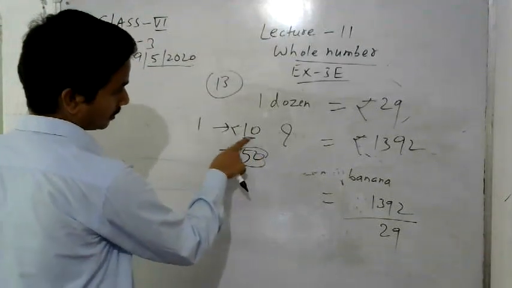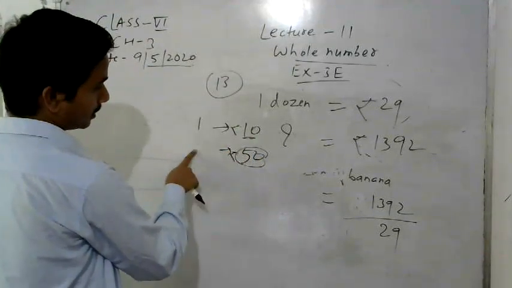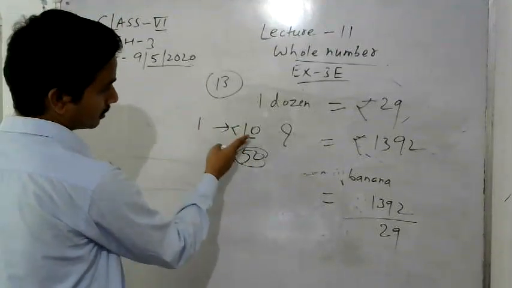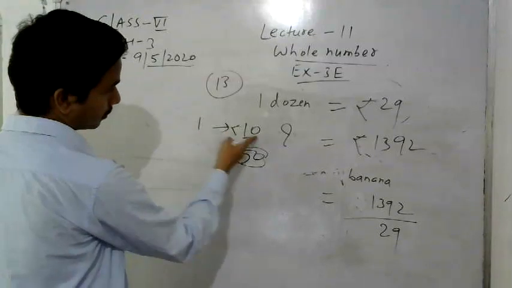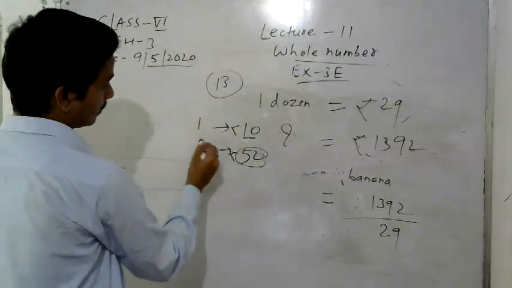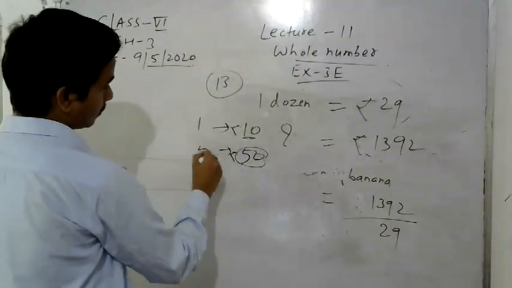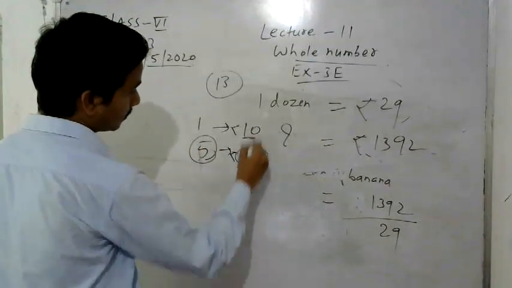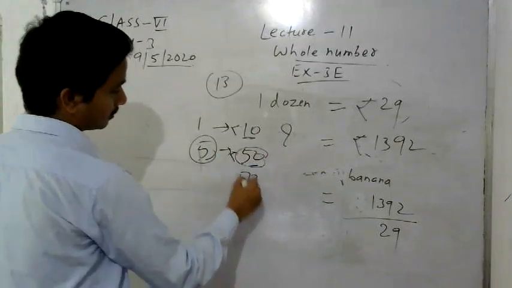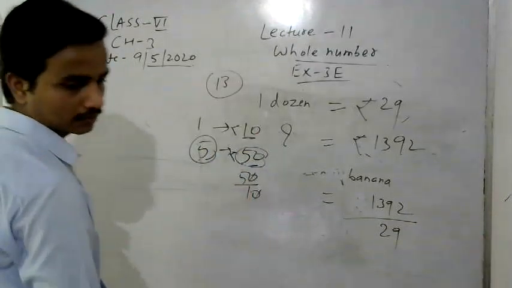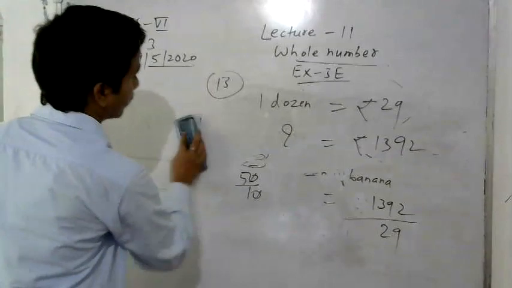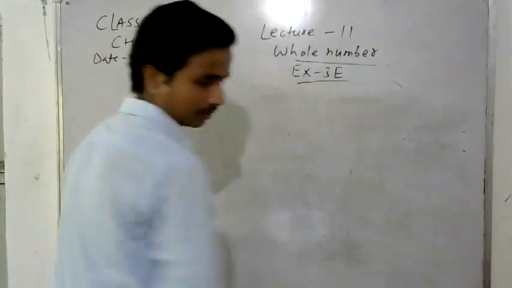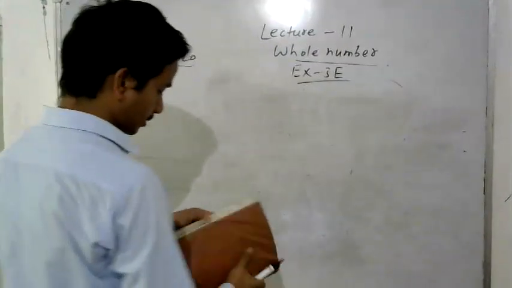One dozen, 10 rupees. 2 dozen, 20 rupees. 3 dozen, 30 rupees. 4 dozen, 40 rupees, and 5 dozen, 50 rupees. So how will you get this 5? By dividing 50 by 10. You will get 5. In this way you will solve this problem. Now you can solve this exercise.